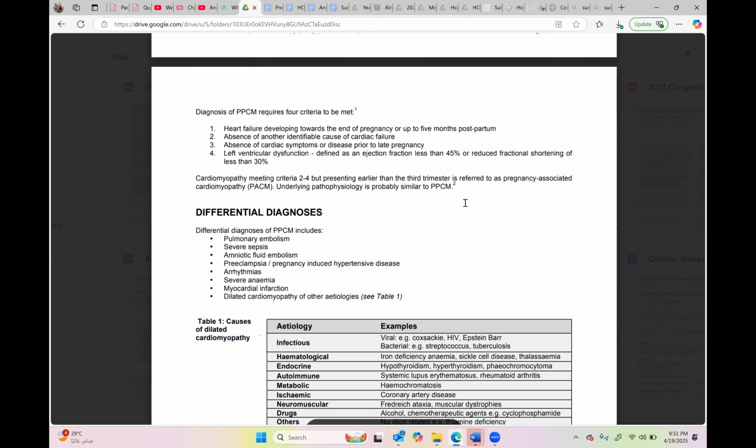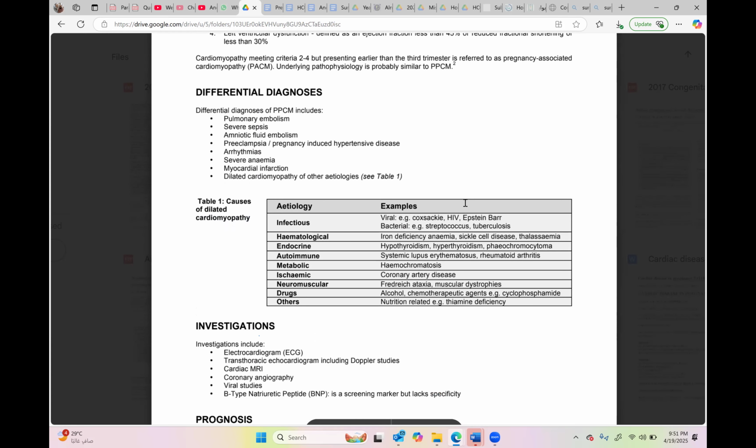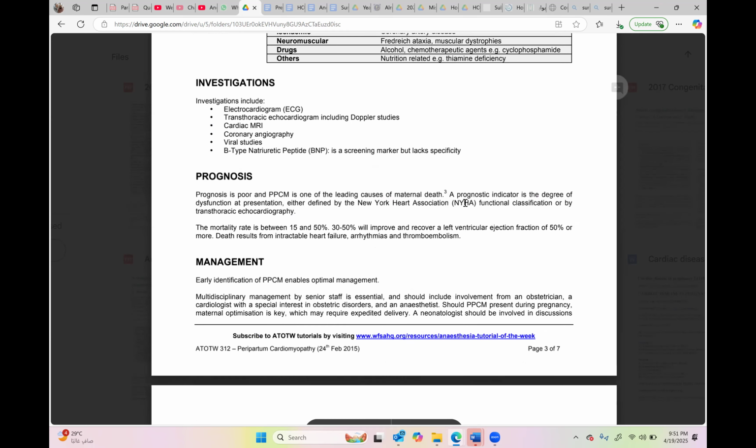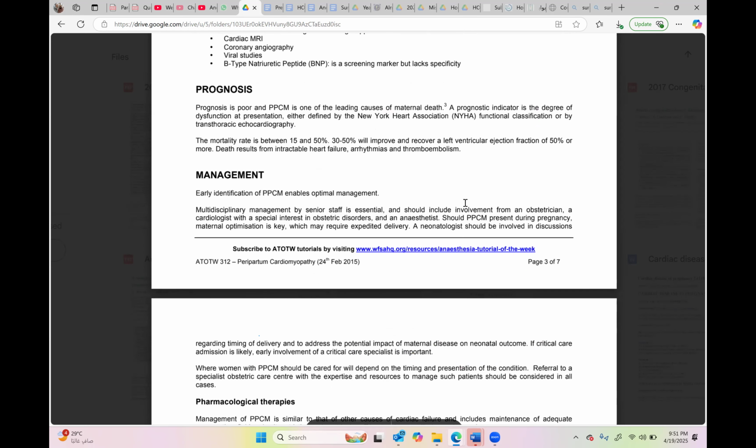Here again, because the heart is very weak, they will give you a scenario that there is shortness of breath, and when they did the echo, the ejection fraction is 20%. So how will you manage? Again, it will be a high risk case, same invasive monitoring, same things, and your target will be to maintain everything.